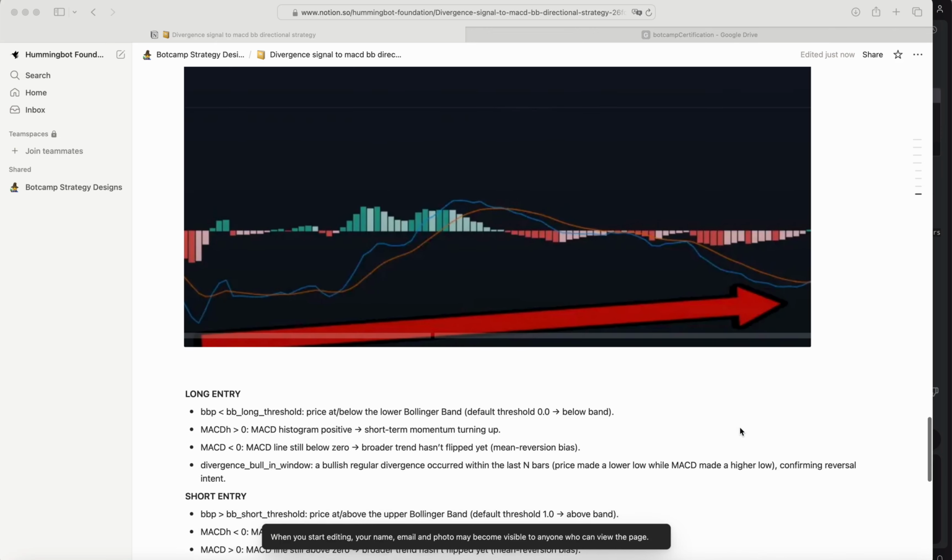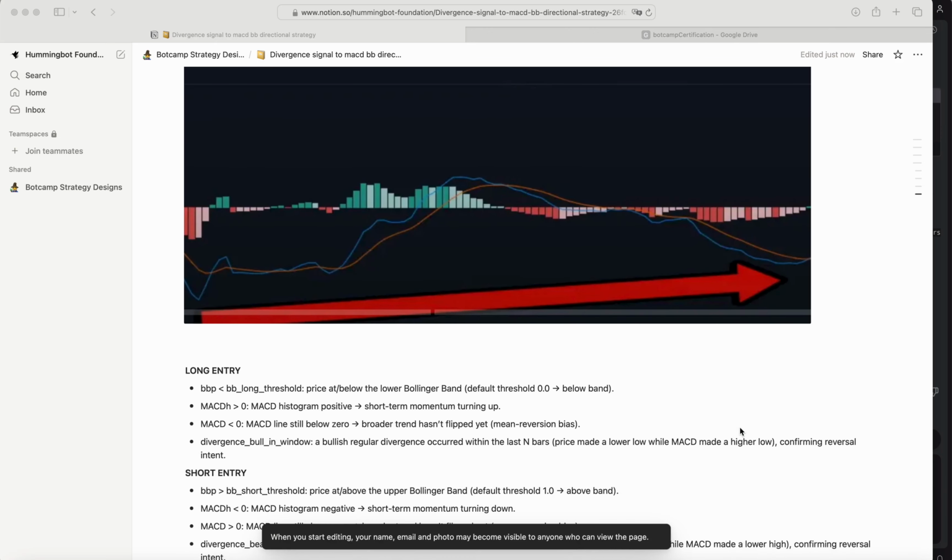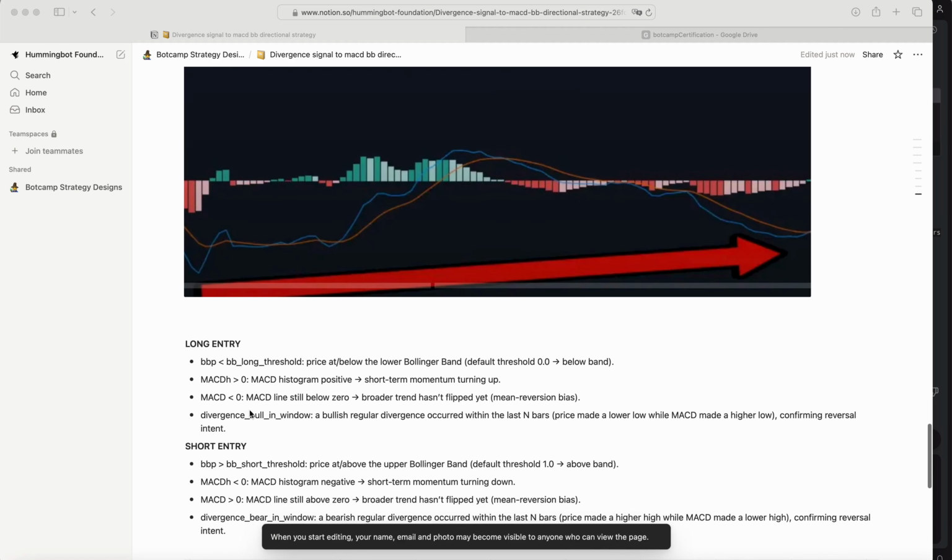So for the entry, we will go with the same sort of entry for the Bollinger Bands. For the long entry, the price goes below the lower Bollinger Band, and for the two MACD signals, the MACD histogram would be positive, the MACD itself is negative, and in addition to that, there is a bullish divergence, then we go long.